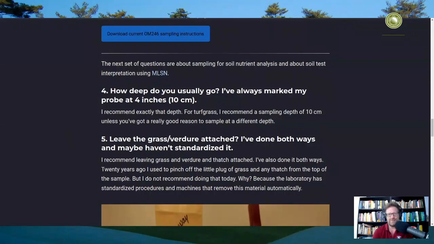So just one more thing about sampling depth. Whatever sampling depth you use, for goodness sakes, please sample at the same depth every time. Because if you don't sample at the same depth every time, you have gradients in organic matter in the soil. And because you have gradients in organic matter in the soil by depth, then naturally you're going to have differences in cation exchange capacity by depth.